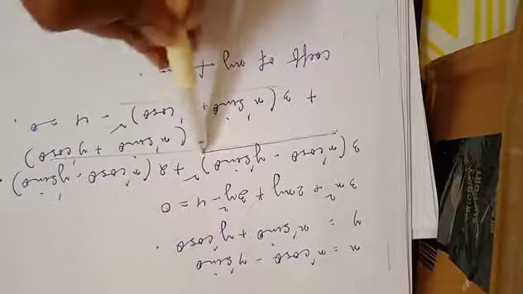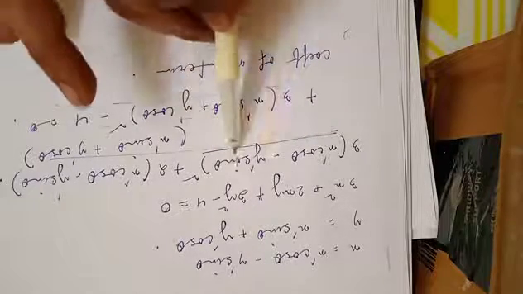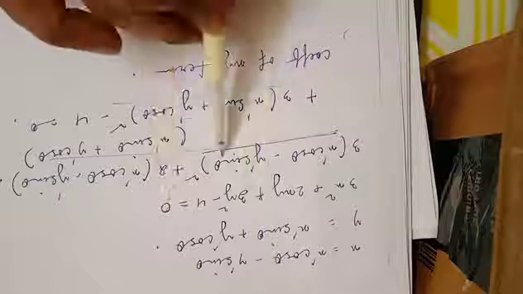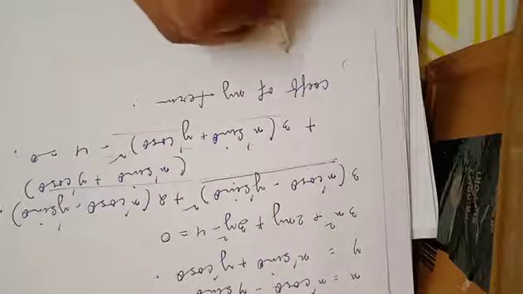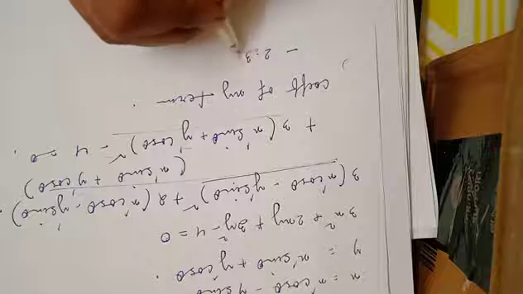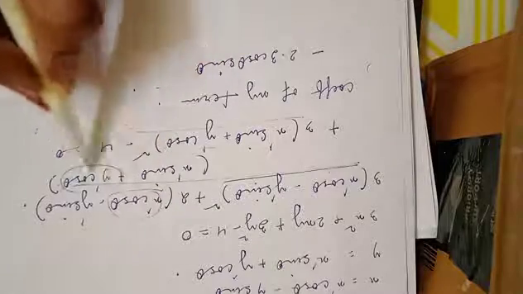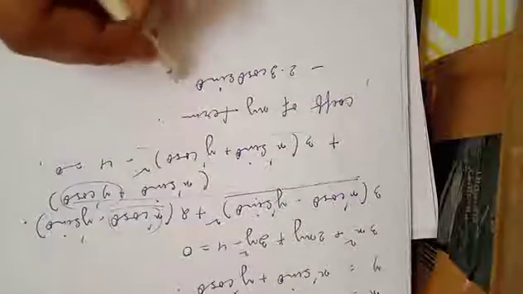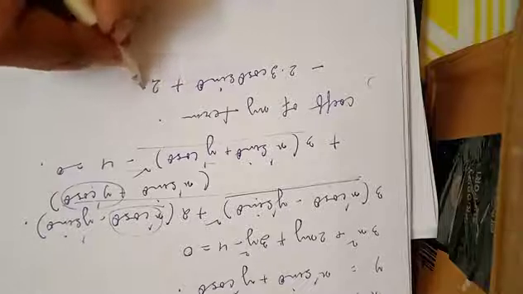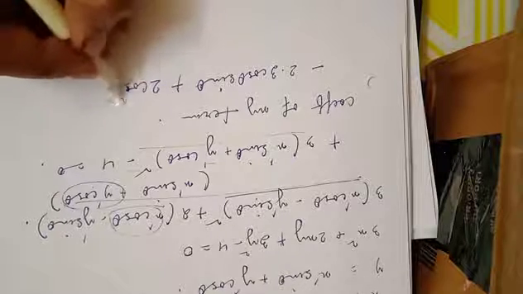Check, if you open this bracket, you will get a square plus b square minus 2ab. So from there we will get 1 x dash y dash term, that will be minus 2 into 3 into cos theta sin theta. Then from here, by multiplying this one and this one, you will get 1 xy term, that is plus 2 cos square theta.